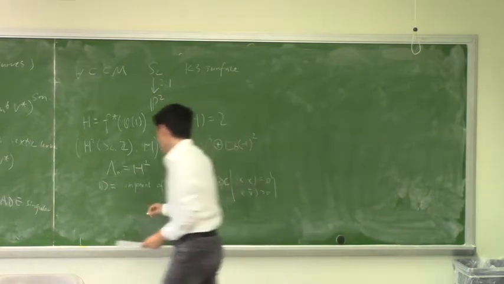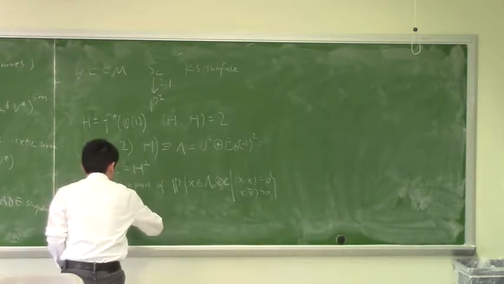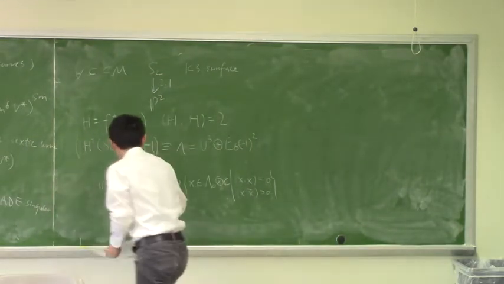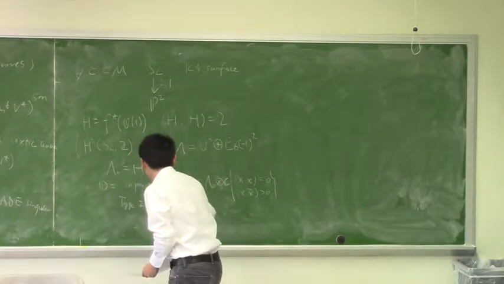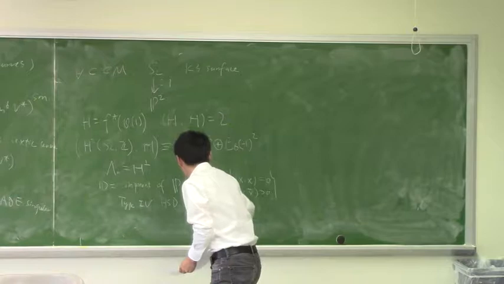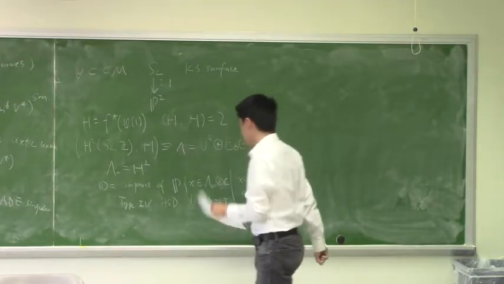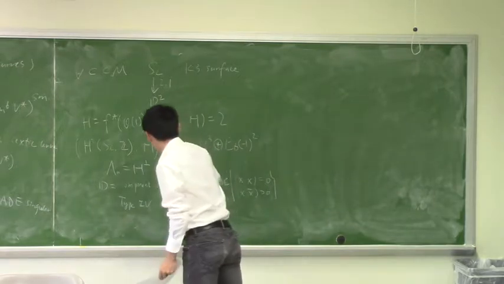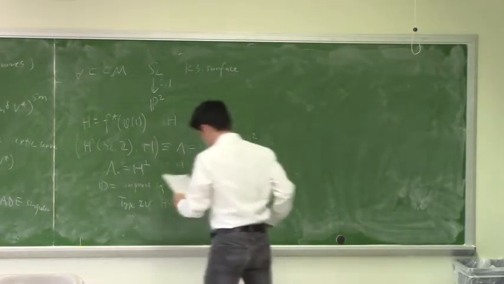So it's a type IV Hermitian symmetric domain with dimension 19, and this has signature 2 in it.